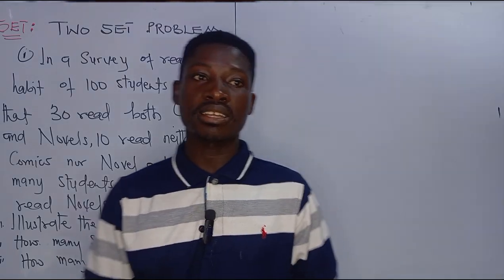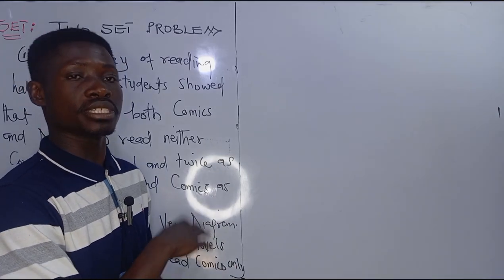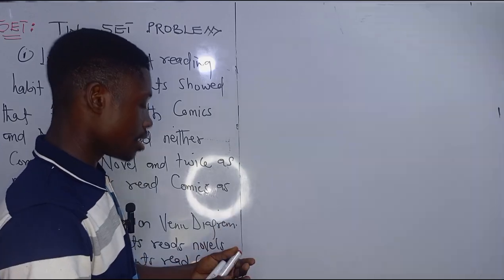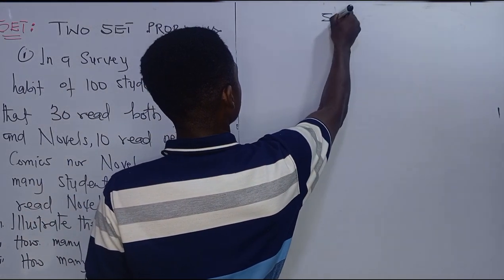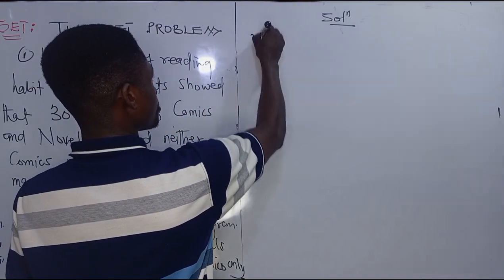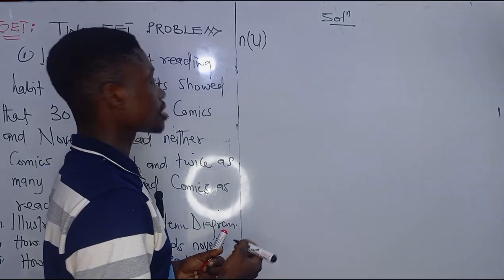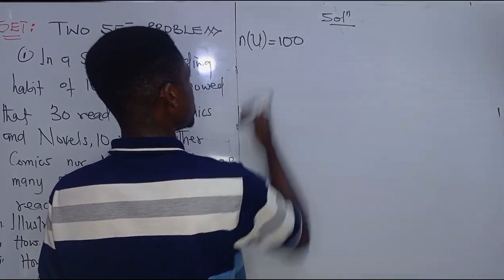As I've been saying, the first thing you're supposed to do when presented with questions of this nature is to write down the vital information from the question. So we have our universal set, the number of students in the survey. We have 100 students.